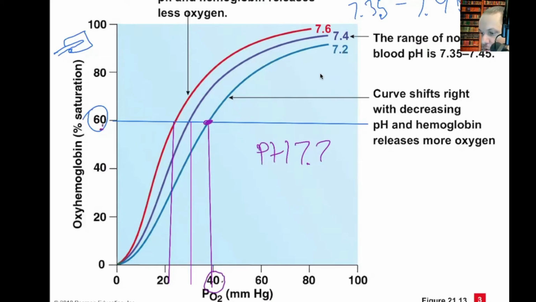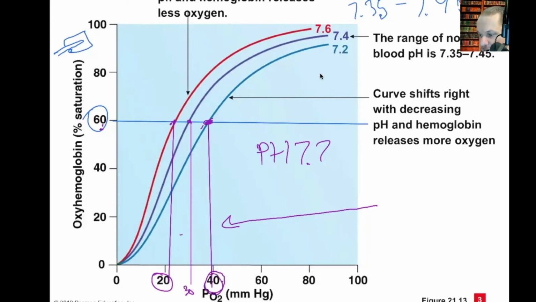For the second one, I've got to get to 30. And for here, I've got to get to 20. So you notice here, I have much less drop of the pressure in order to achieve the same saturation. Here, I've got to drop the pressure way more in order to get the same saturation. It's much easier to achieve higher pressure, right?